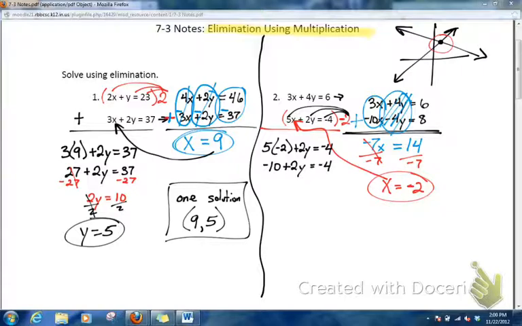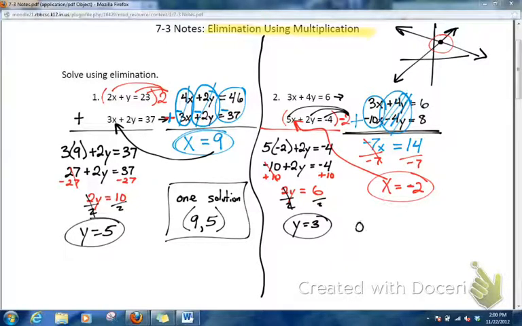Again, you're just going to solve this at this point. Add 10 to both sides. 2y equals 6. And last step, divide by 2. Y equals 3.